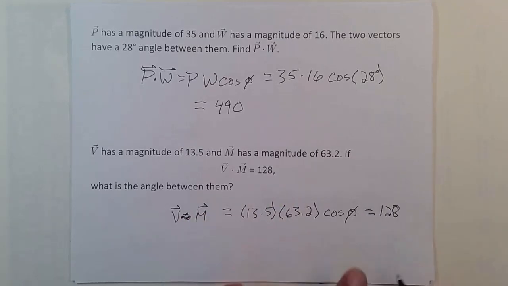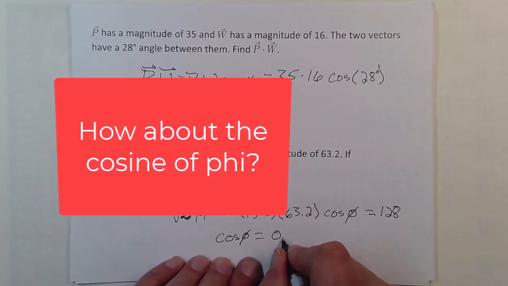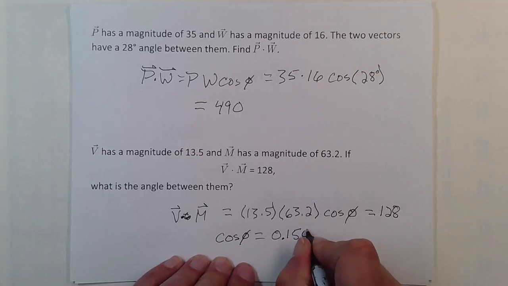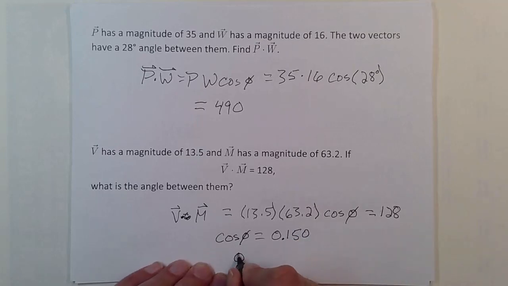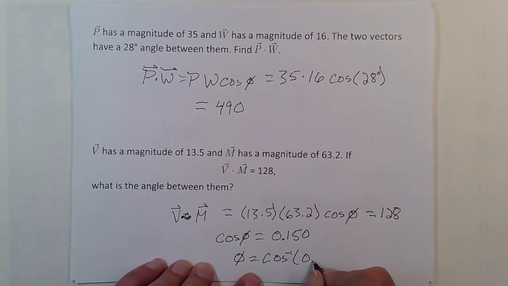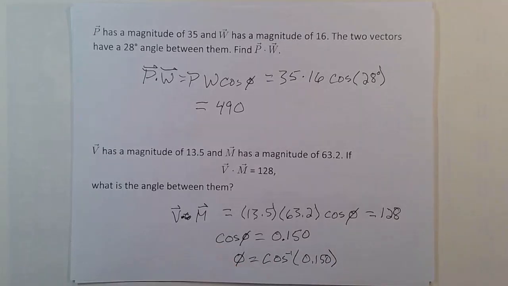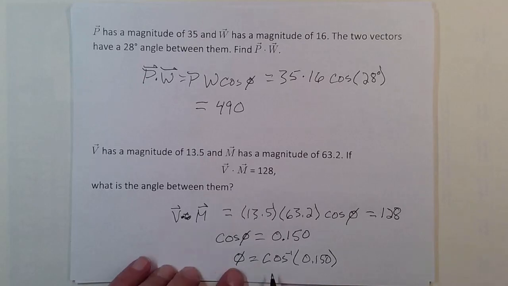Well, I can find the cosine of phi from that, and I get that the cosine of phi is 0.150. Okay, well, phi is going to be the inverse cosine of 0.150. When I took trigonometry in high school, I learned to think this every time I was taking an inverse cosine.